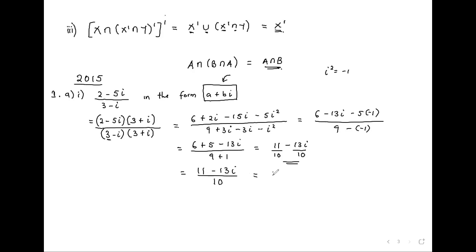Look, this is the same as 11 over 10 plus negative 13 over 10 i. But you and I know that whenever positive and negative meet, positive is neutralized. So, sir, if you just leave it as 11 minus 13i over 10, you lose the mark.